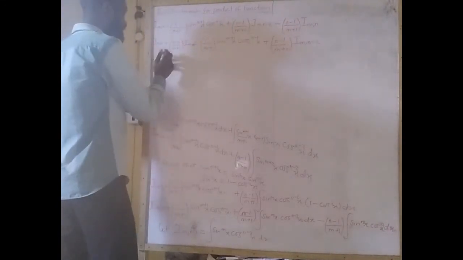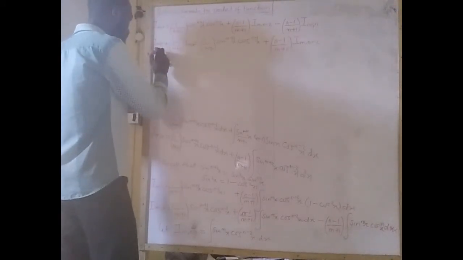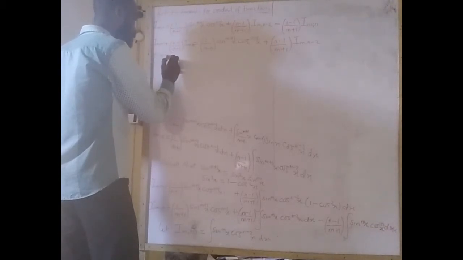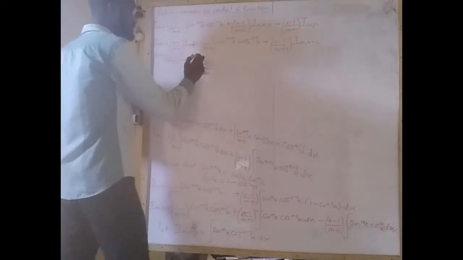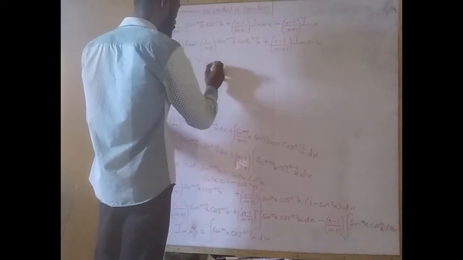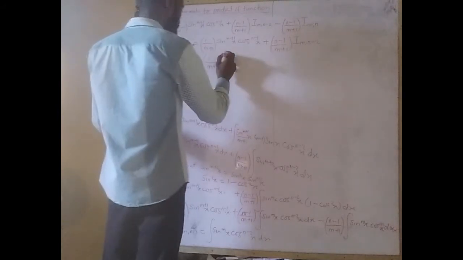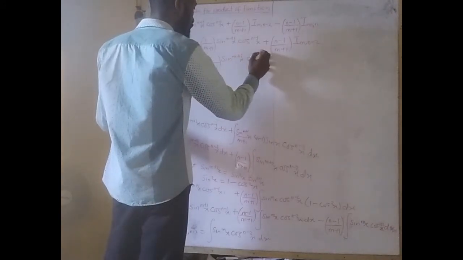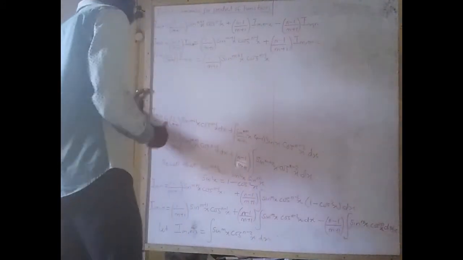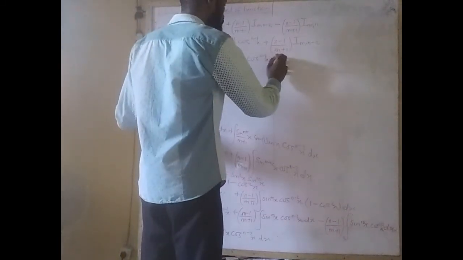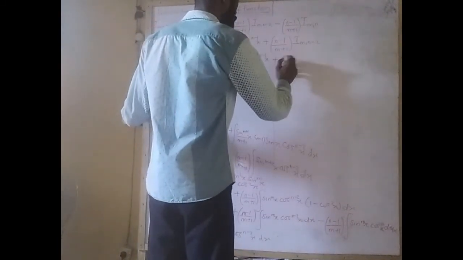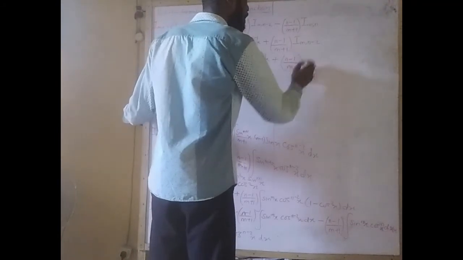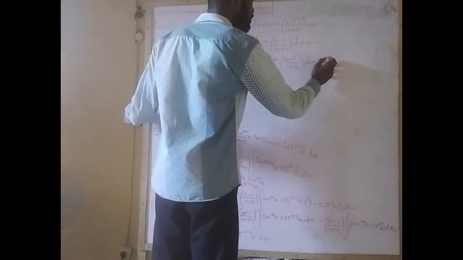If I factorize that out, I'm going to have the fraction as 1 plus (n minus 1) over (n plus 1) times I(m,n) equal to 1 over (n plus 1) sin^(m+1) x cos^(n-1) x plus (n minus 1) divided by (n plus 1) I(m,n-2).